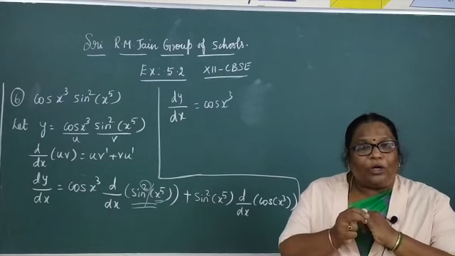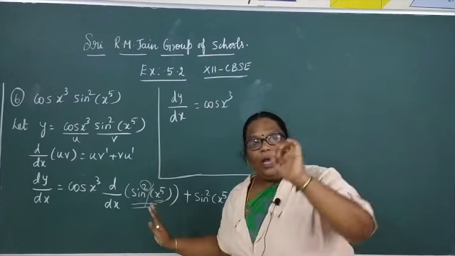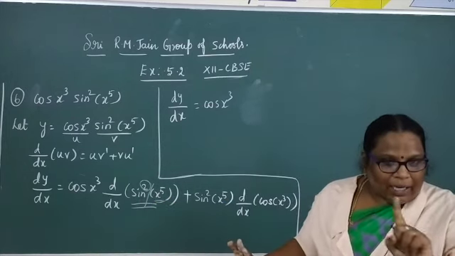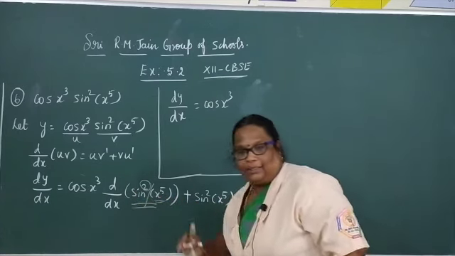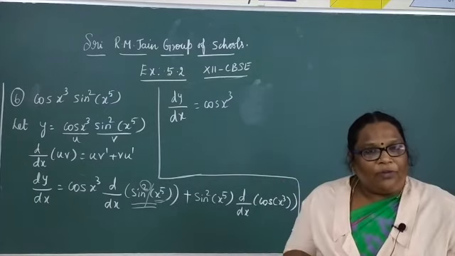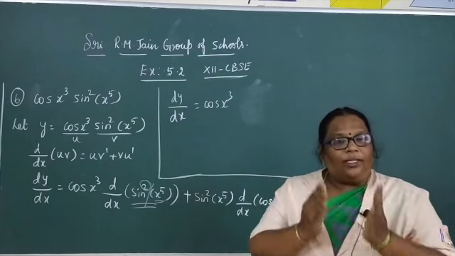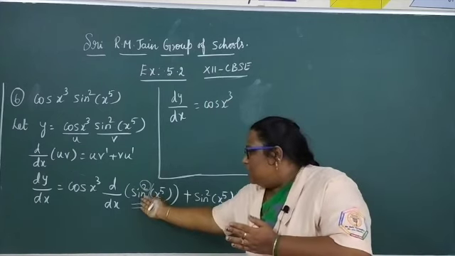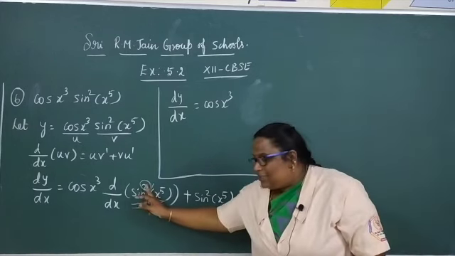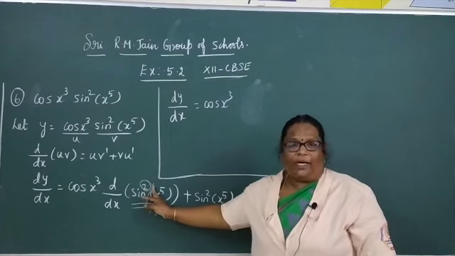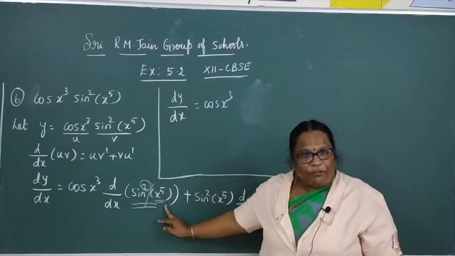What is this power? 2. What is the formula? n into x power n minus 1. This n is the power, and this full term you can take as x. What is the formula for x square? 2 into x power 2 minus 1. Instead of x, here it is sine of x power 5. Have you understood? First you concentrate on the power, next sine, next you move on to x power 5.